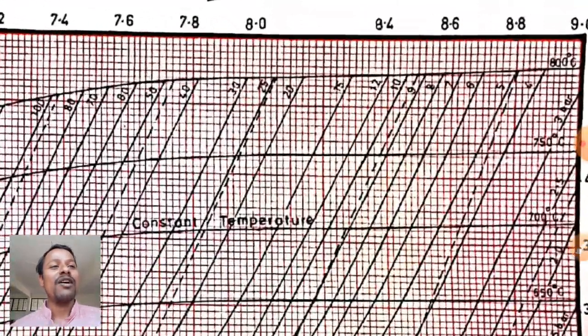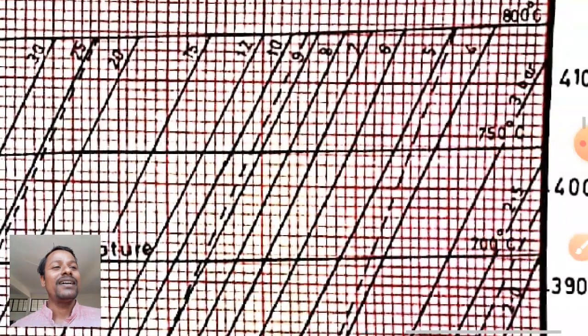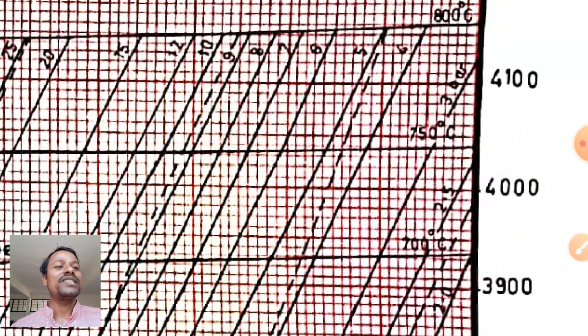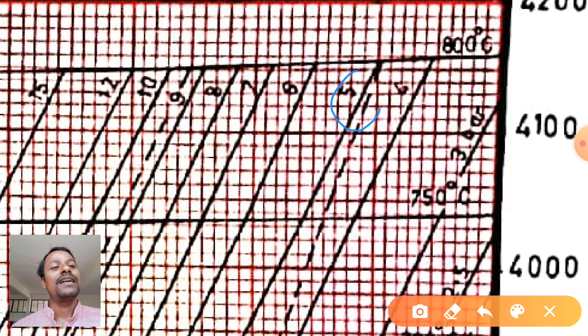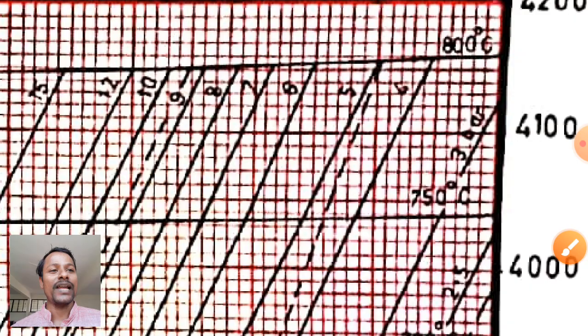If you scroll down, I have the 5 bar pressure line. See here, this is the 5 bar pressure line and this is the 6 bar pressure line. I do not have a 5.5 bar pressure line, so in the middle I will assume that this is the 5.5 bar pressure line. Then I will move downward along these two lines.